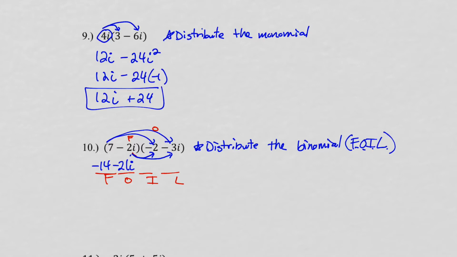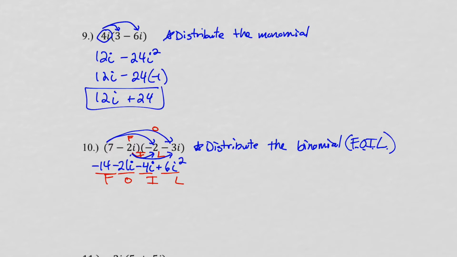And basically, those two in the middle are called the inner terms. And then the last arrow, your fourth arrow, is the L, or the last terms. So the inner terms is going to be negative 4i, and the last terms are positive 6i squared. So that's what I mean by FOIL.